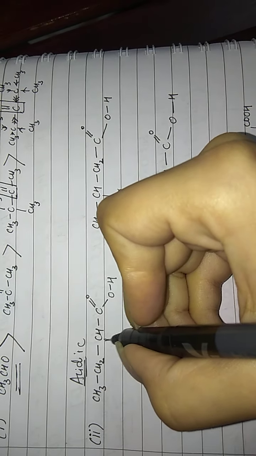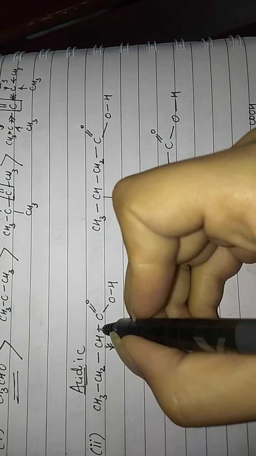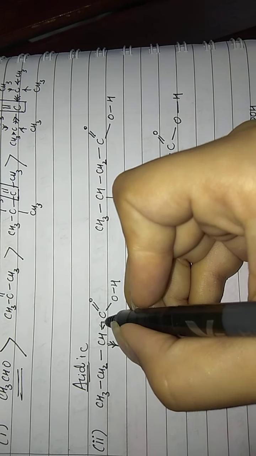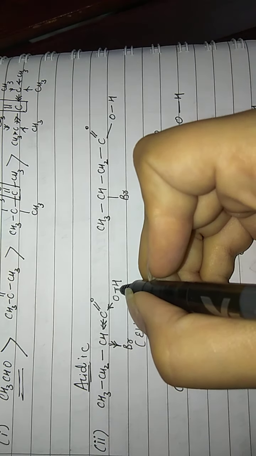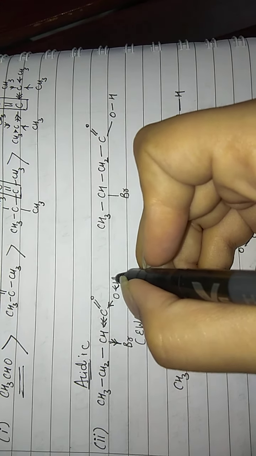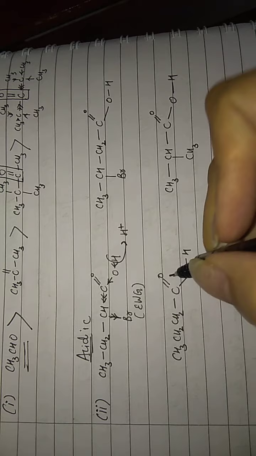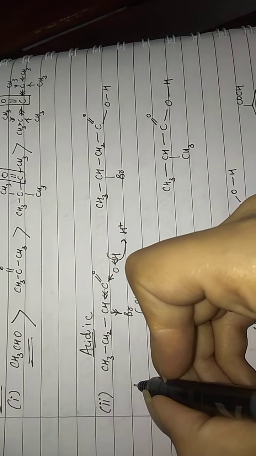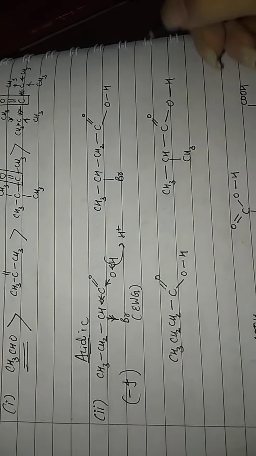So what it does, it withdraws the electron density from the carbon atom. The carbon atom in turn draws electron density from this carbon atom, which withdraws from this oxygen, and oxygen withdraws from hydrogen, thus releasing proton easily. What kind of effect is it? It is -I effect, negative inductive effect that we have done in class 11th.